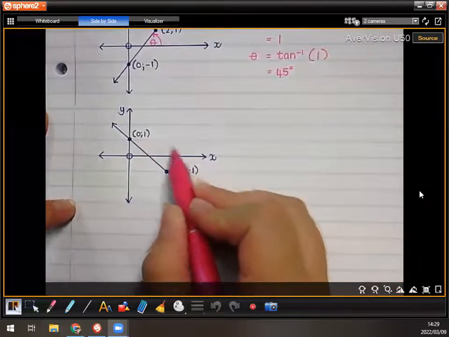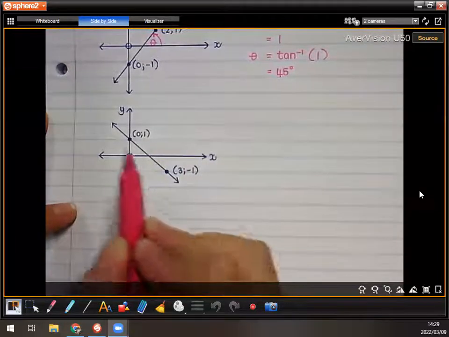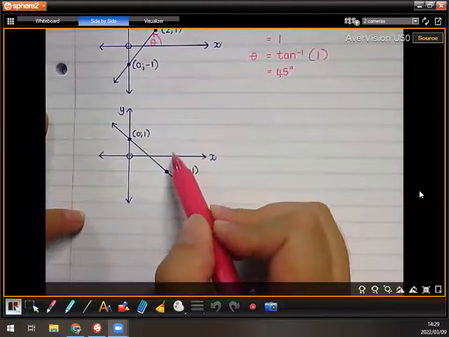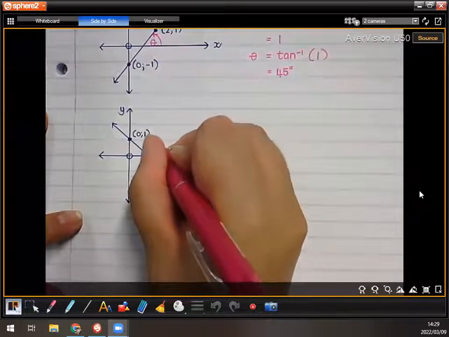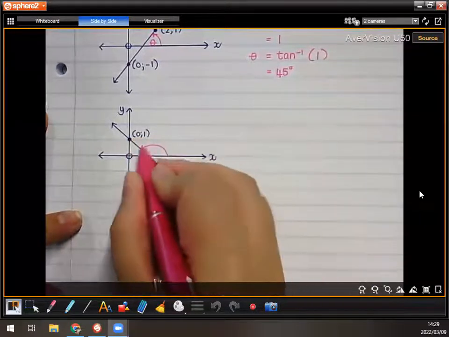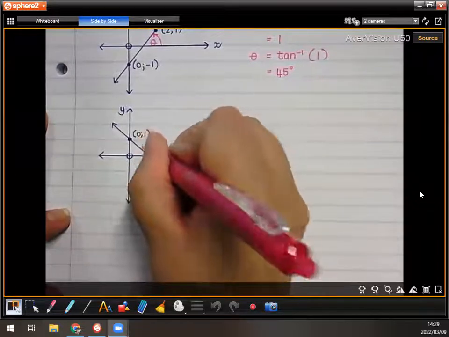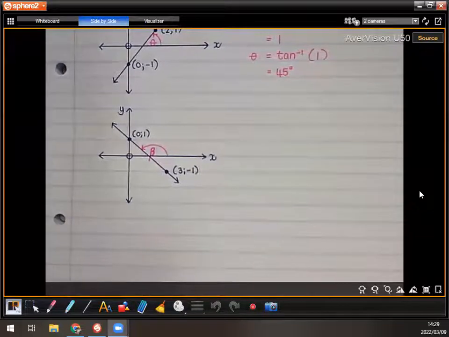Guys, I know you're probably still busy, but if you can just look at this quickly. Angle of inclination is always the angle between the line and the positive x-axis. So it's always coming from the right-hand side. The angle of inclination in this case is going to be this obtuse angle over here. Let's call it beta now. Let's use a different angle, not theta, it's beta. We're going to calculate another one.